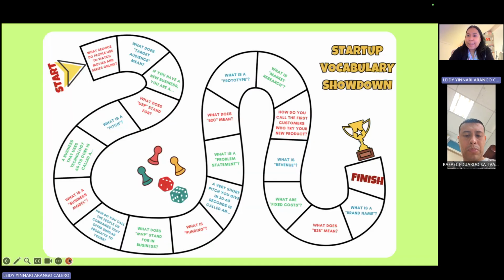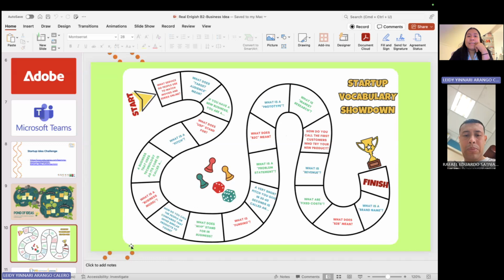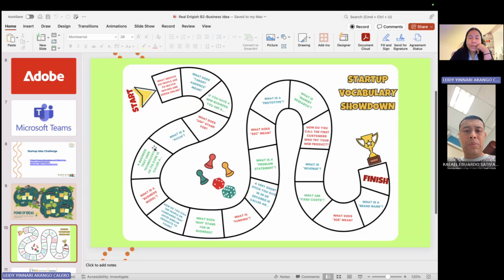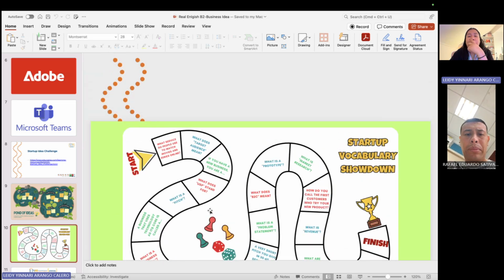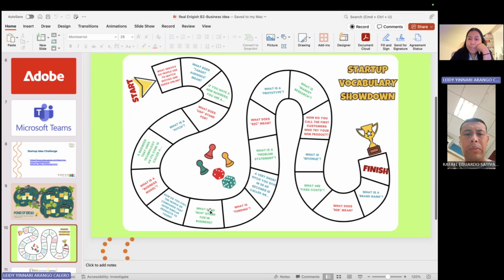Now, moving on to the last activity, I created this funny game that is a startup vocabulary showdown.